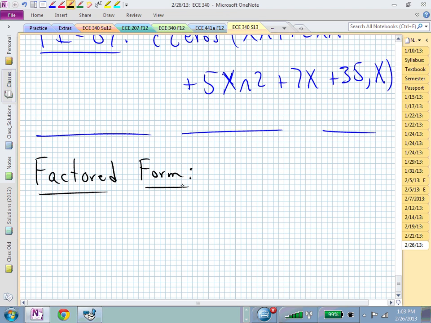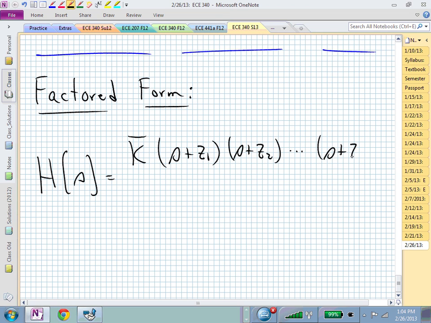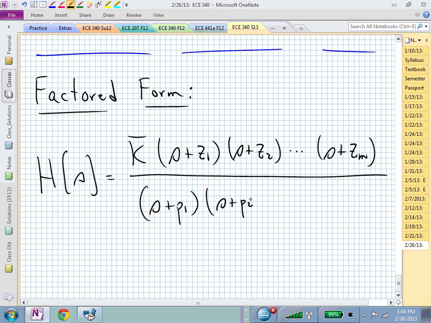There are different ways of factoring a transfer function. The first one that's obvious is, now that we have the poles and the zeros, why don't we just explicitly write those down? I now have Michigan zeros, and I have Nevada pole factors.